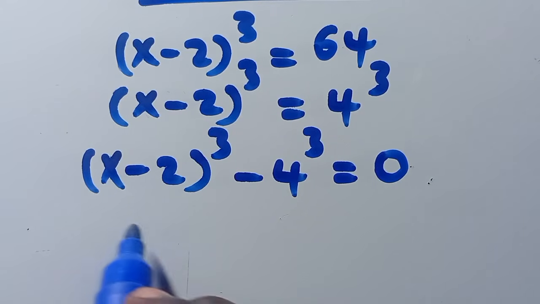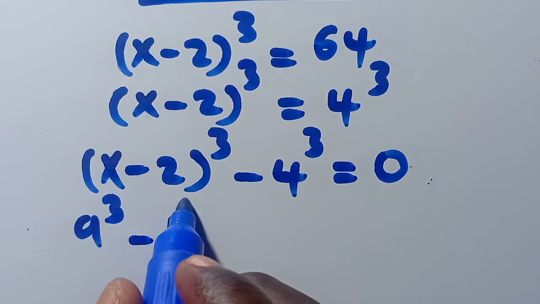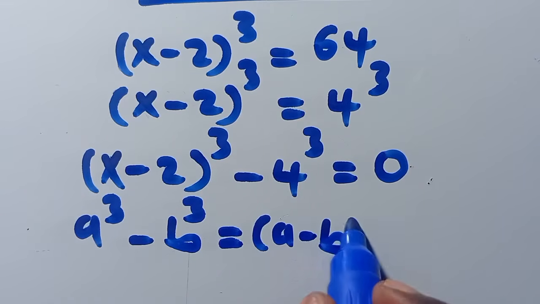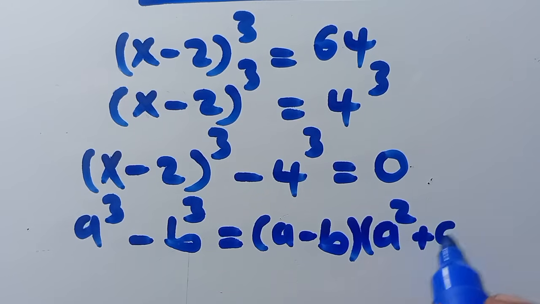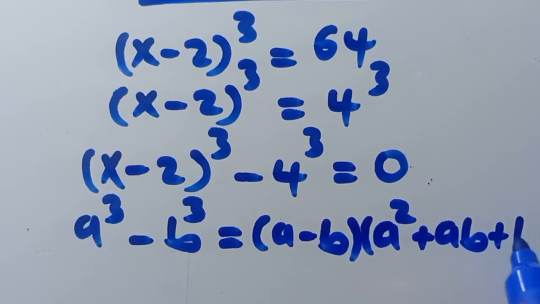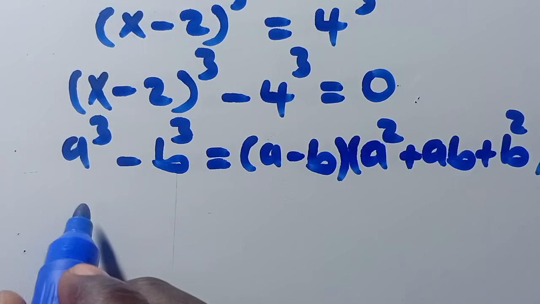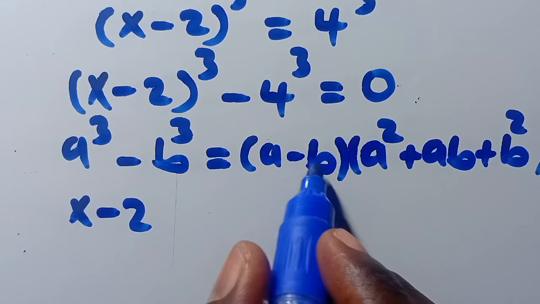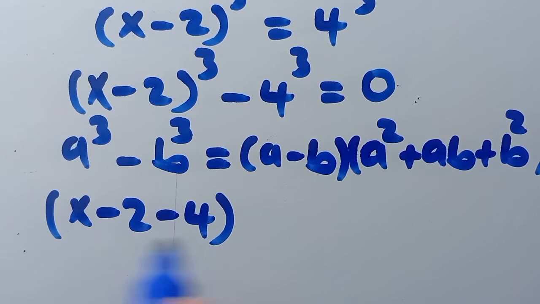So when we have this, you recall that when we have a^3 - b^3, it equals (a - b) times (a^2 + ab + b^2). So from here, x - 2 is our a, then b is 4.